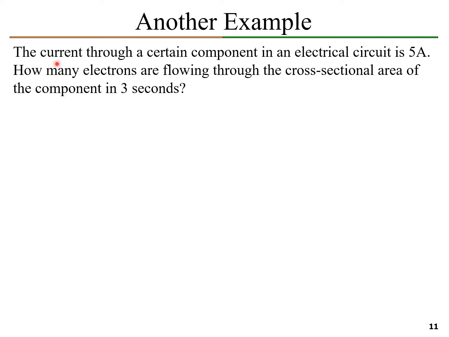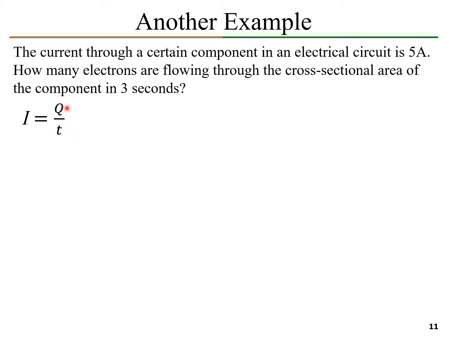We're given the current, and we are given the amount of time, 3 seconds. So what equation relates current and time? Simply the equation current is equal to charge divided by time. So in this equation here, we need to solve for the amount of charge.